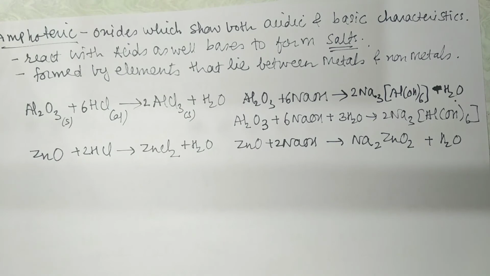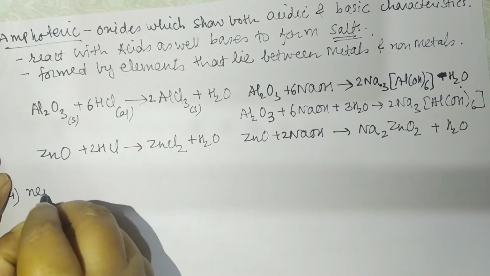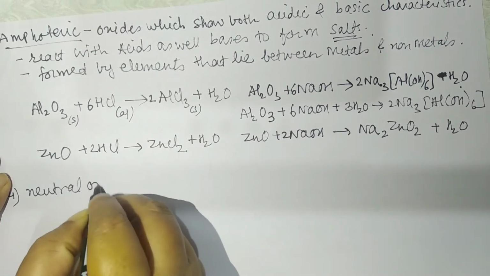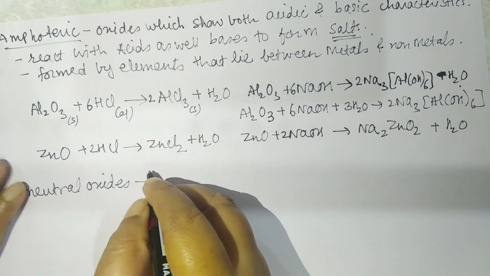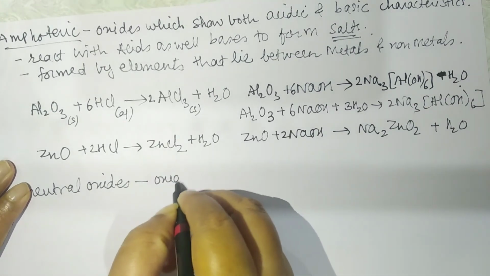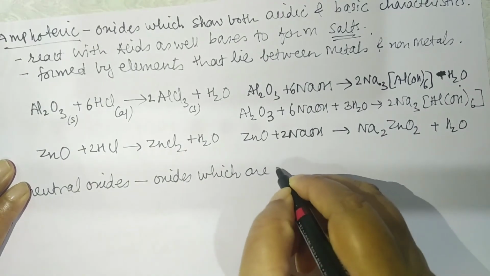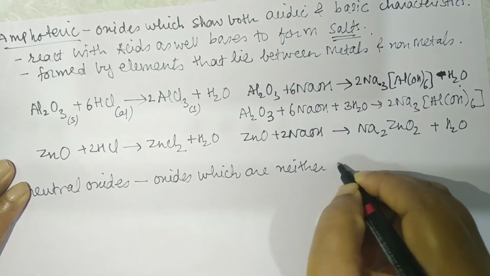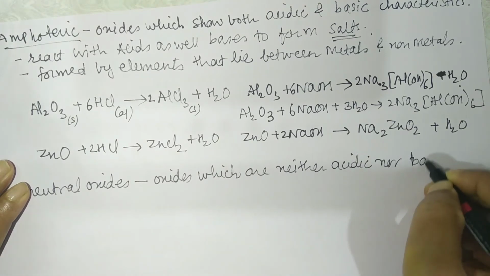And there are a few more oxides which are neither acidic nor basic. The fourth category is called neutral oxides. What is a neutral oxide, students? Oxides which are neither acidic nor basic.